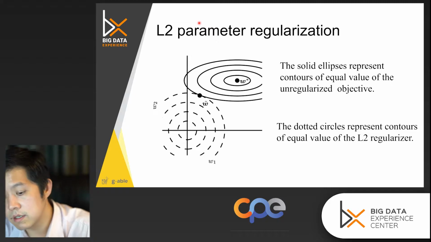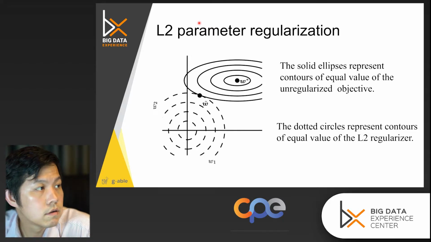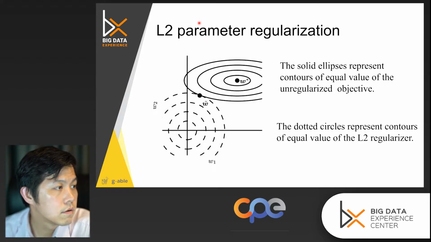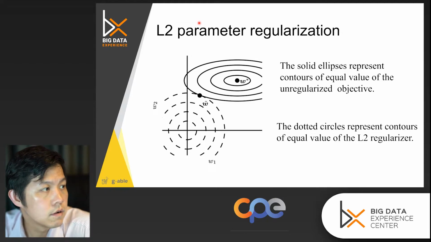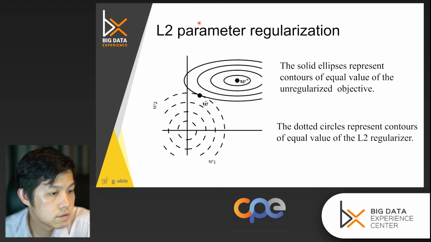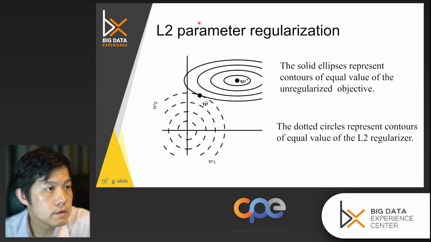L1 regularization. Okay, let me share this one.